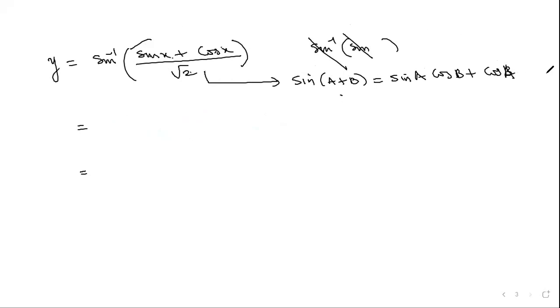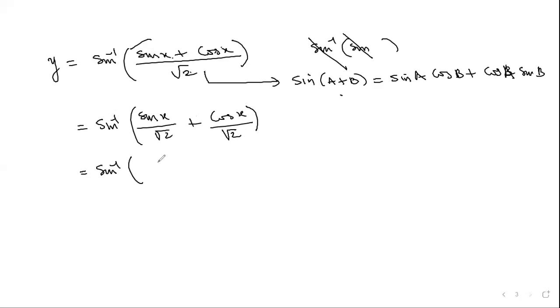Okay, so I'm going to add one more step. I will write this as sine inverse of sine x upon root 2 plus cos x upon root 2. Is that fine? Next step, I'll write it as sine inverse. Look here, I need sine a, so I'll write sine x first.